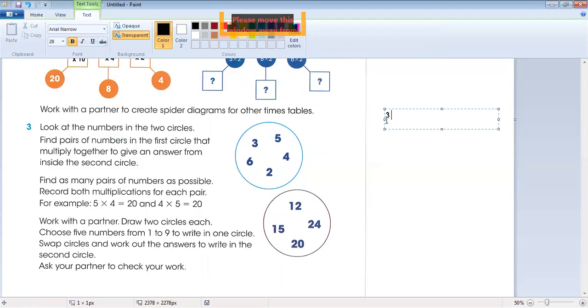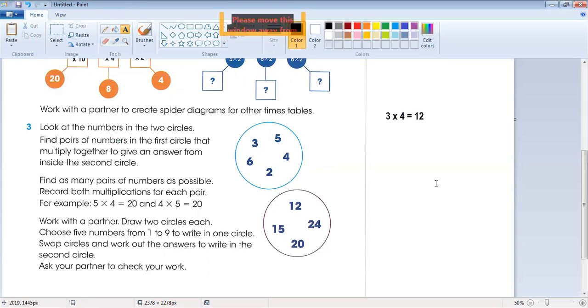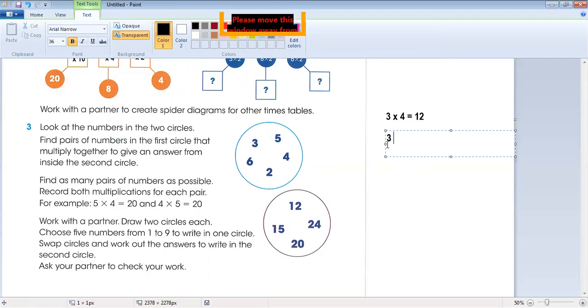Here 3 multiply 4 equals 12. So one pair is 3 and 4. Next, 3 fives are 15.